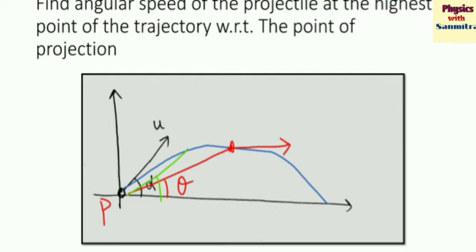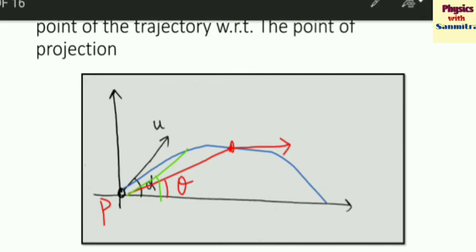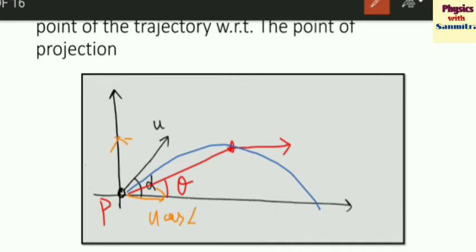Now see this part. Let me draw the projectile trajectory. This is my u. If I resolve u into two components, horizontal and vertical, this will be u cos alpha and this will be u sin alpha.